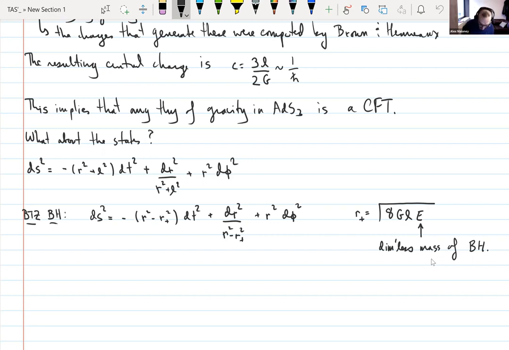In the CFT language, here we want to remember that, again, our boundary is going to be a cylinder parameterized by T and phi out at large radius. And so what is this dimensionless mass going to be?